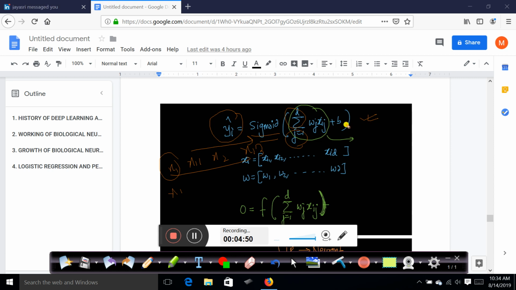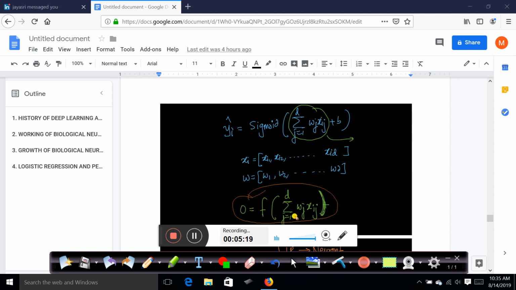Hopefully it is clear, where our xi is xi1, xi2 to xid, and our vector w is w1, w2, dot dot dot wd, since we are considering a d-dimensional space. So finally, our output is a function of the sum of wj xij, where j goes from 1 to d. This is eventually our output in logistic regression.